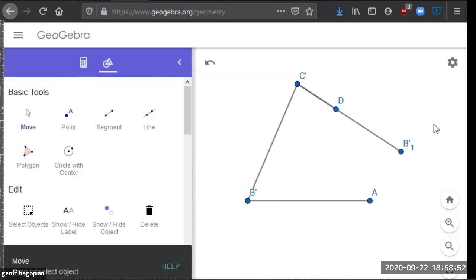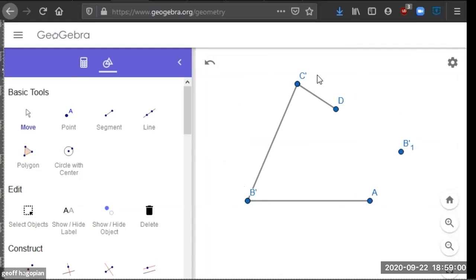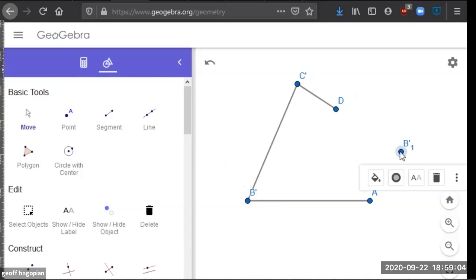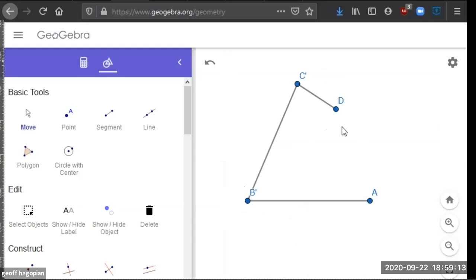I don't want that tool. Okay, it undid that, so I don't want to show that object. And I also don't want to show that object or its label.